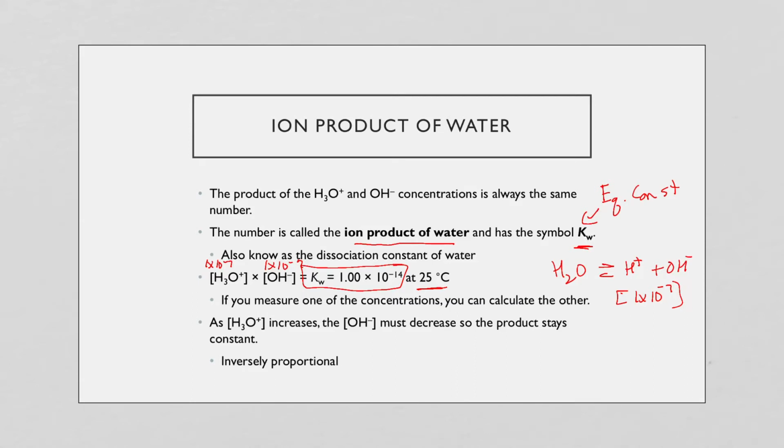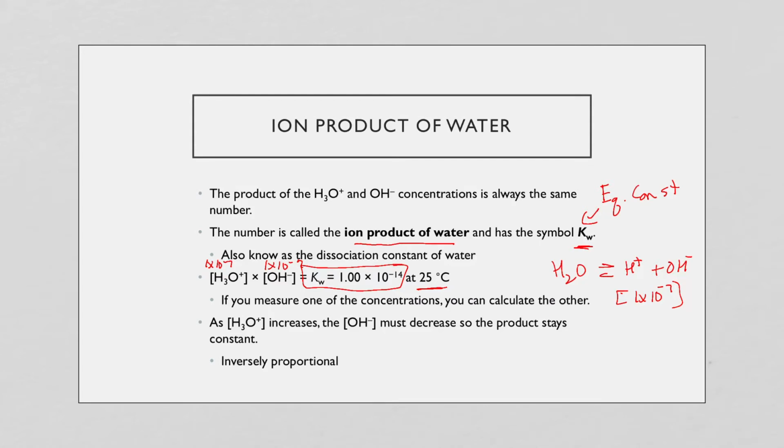So the idea is if one of these goes up, let's say we add an acid, so we make more hydronium, then that means the hydroxide has to drop way down, so that the ion product here is always 1 times 10 to the minus 14 for water.